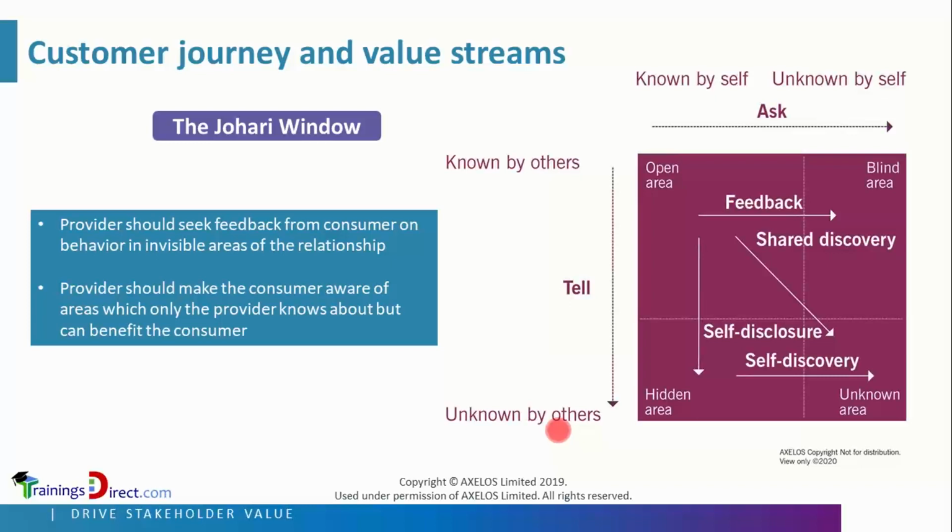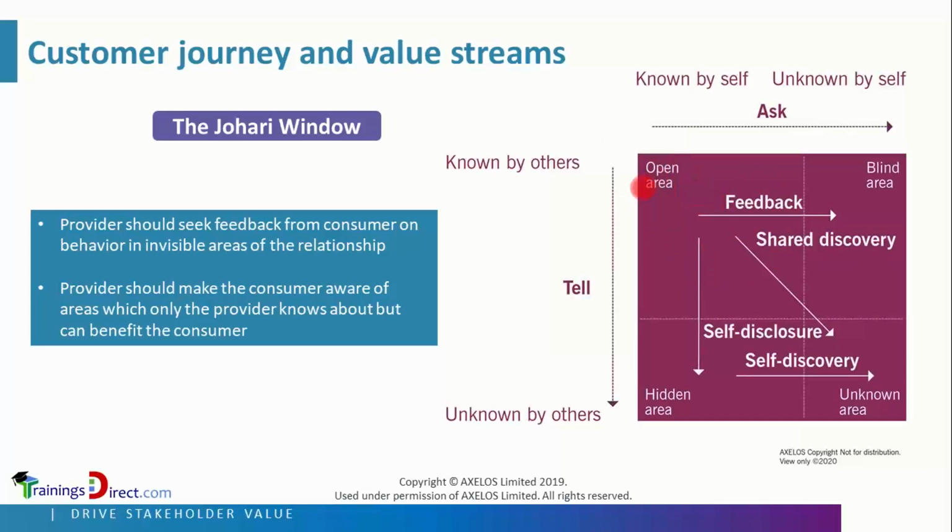This can be for even an individual. An individual may know about themselves and may not know few things about themselves. And there are things known about them by others, and there are also things unknown about them by others. So characteristics which are known by them and by others is the open area.